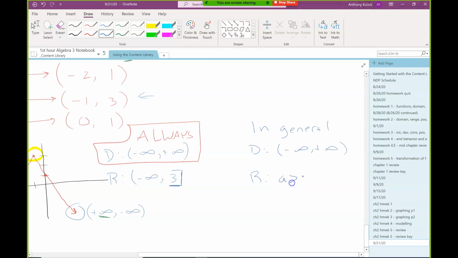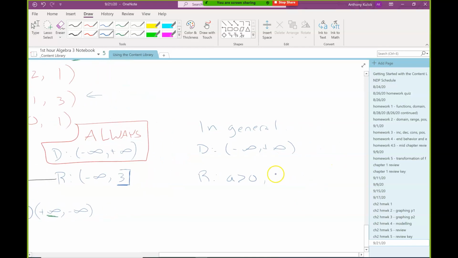So if the A coefficient is positive, we're going to have a V. That means the lowest point is going to be the vertex, which is K. And if that A coefficient is negative, then we're going to have a wedge shape. The highest point would be the vertex. So the range would start at negative infinity and go up to the y-coordinate from the vertex, which would be K.